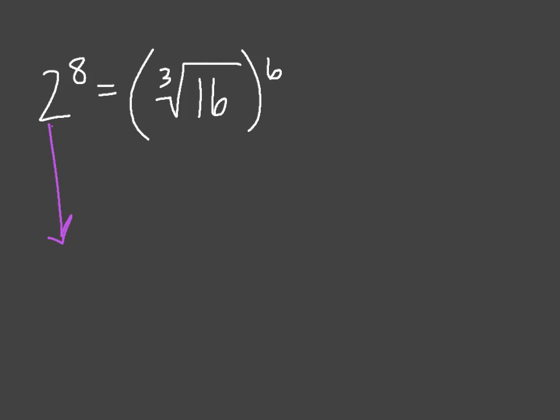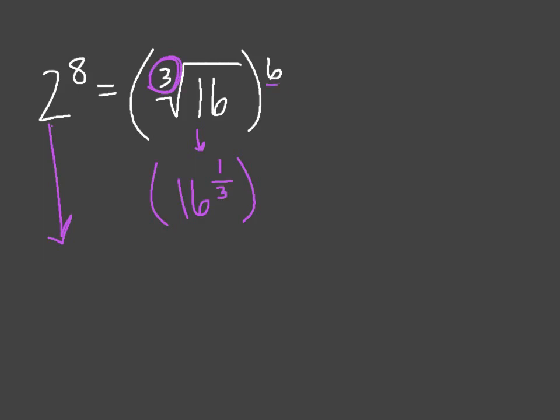The first thing I'm going to do is change what's inside the parentheses. Well, right now this is a radical symbol, so I need to make it into a fractional exponent. So I'm going to have the 16 and I need to make a fraction. Remember, the number outside of your radical symbol always connects to the bottom of your fraction, and then I'm going to fill up the top with the number 1.